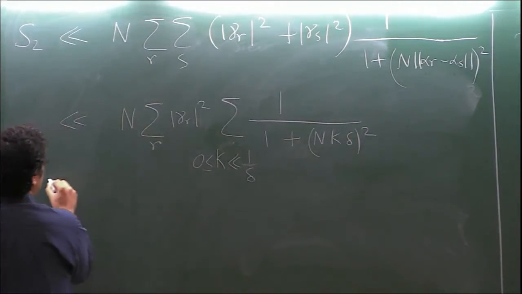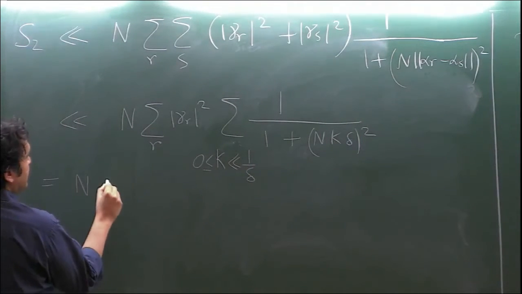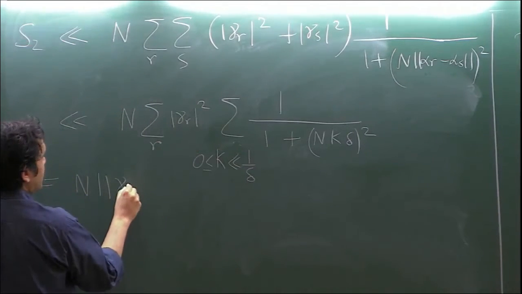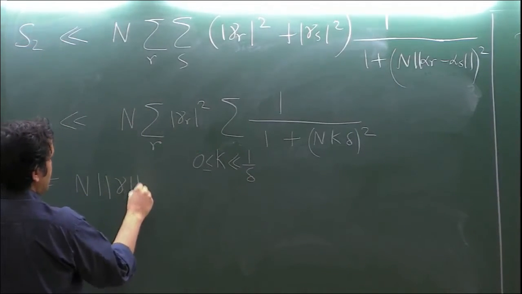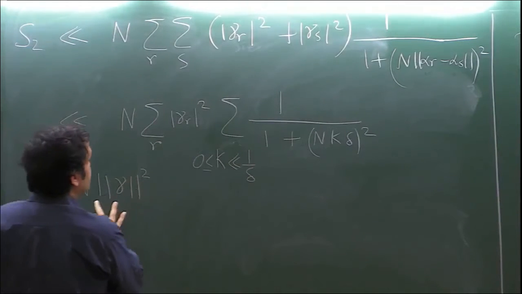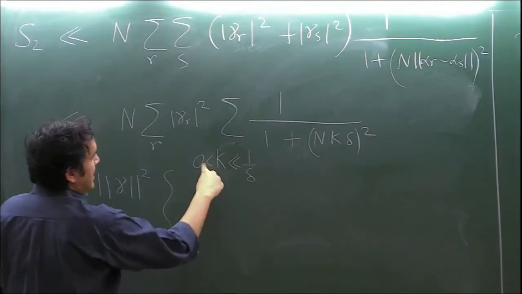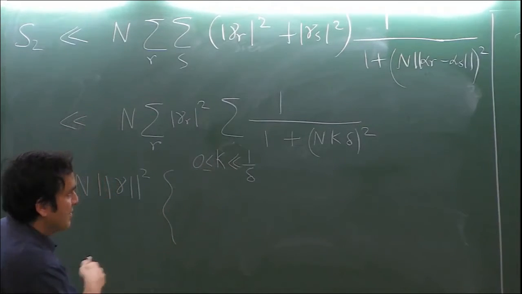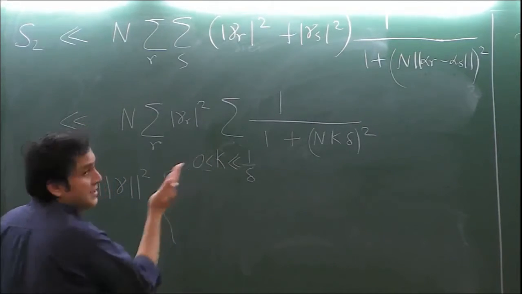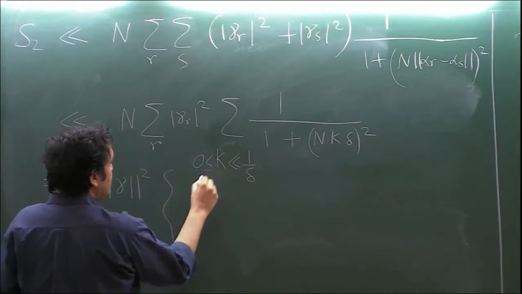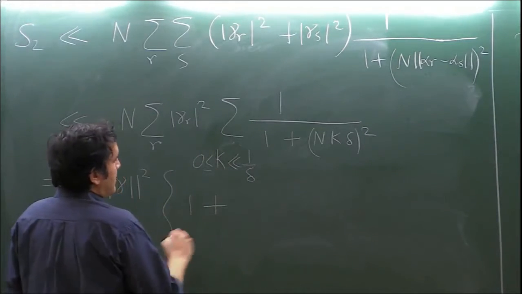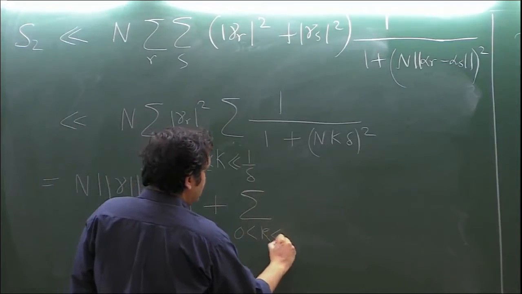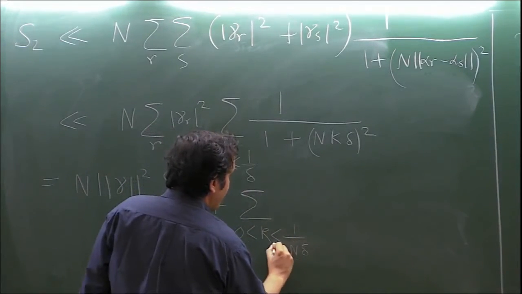Okay, and now you write it as, so this part I can pull out, so this is norm gamma square, and then sum over k, there is a term k equal to 0, which is the diagonal when alpha R equals alpha S, the difference is 0. So that will give you 1. Then I have sum from k up to, let's go up to 1 by n delta.